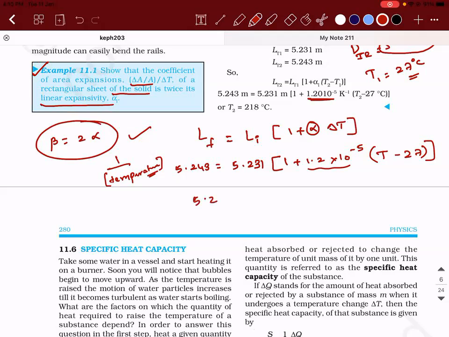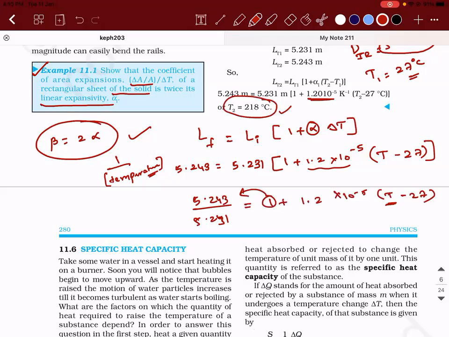So 5.243 divided by 5.231 is equal to 1 plus 1.2 into 10 power minus 5 into T minus 27. This 1 will come to the other side, and when you solve it, you will get the value of temperature as 218 degrees Celsius.